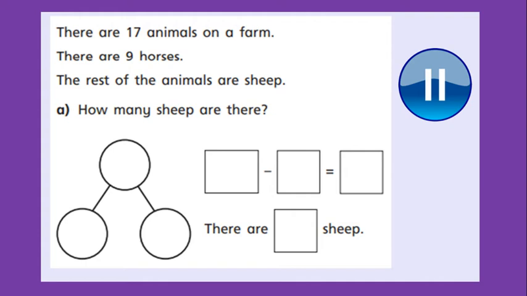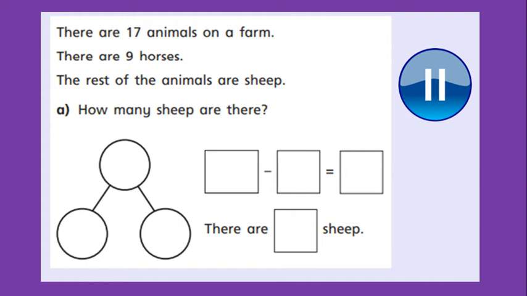Okay, so get your 17 animals all together as the whole number at the top. Then count down your 9 horses. Once you've done that, the rest of the animals are going to be sheep, aren't they? So you will be able to see what the other part, what the other number is. That's how I would work it out.